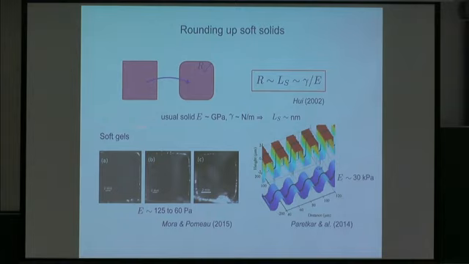But if you move to very soft gels, for instance, Serge Morin in Montpellier has developed a lot of very, very soft gels, you end up with length scales on the order of 100 microns, or even millimeters for very, very soft gels. As you can see, these were cubes of gel removed from a cast, and the corners are indeed rounded up with this typical radius of curvature.